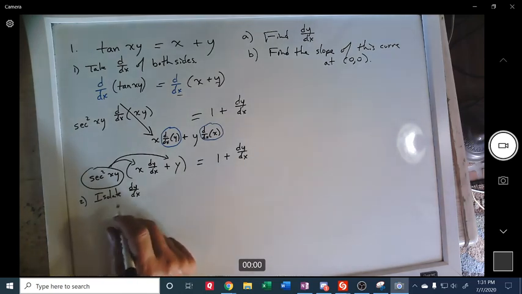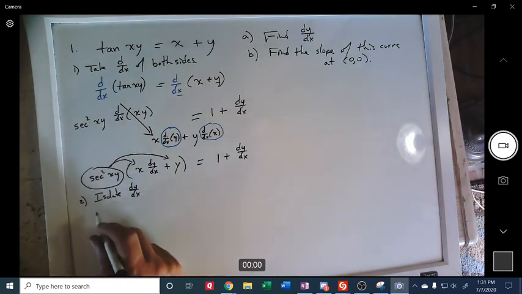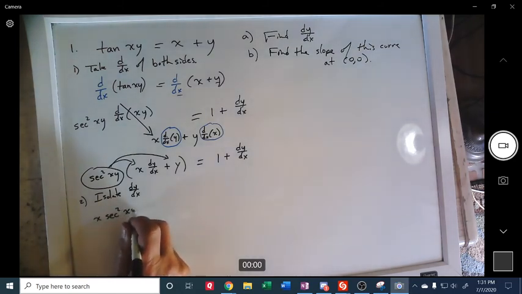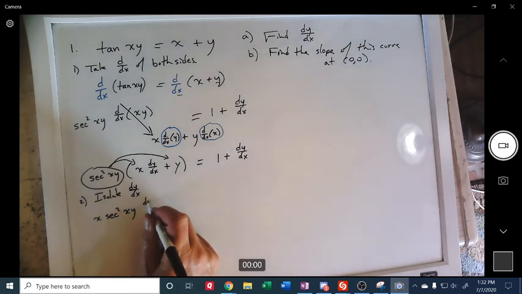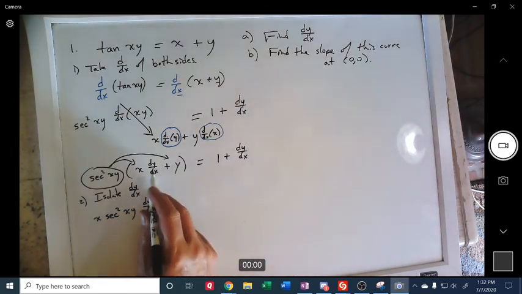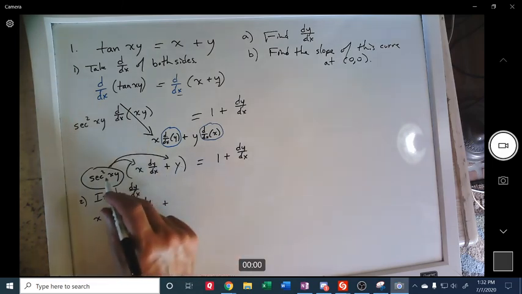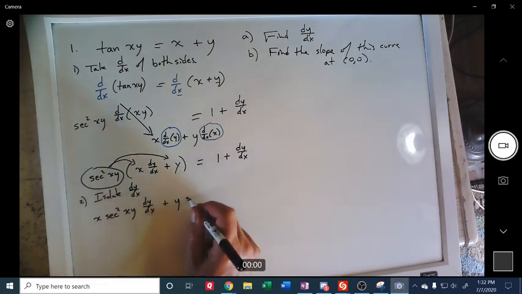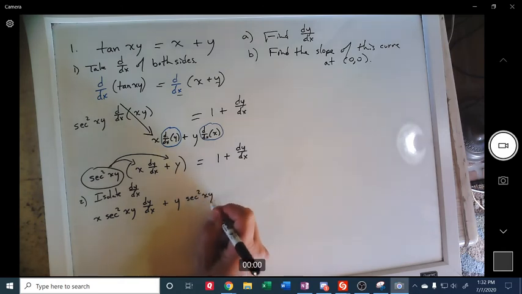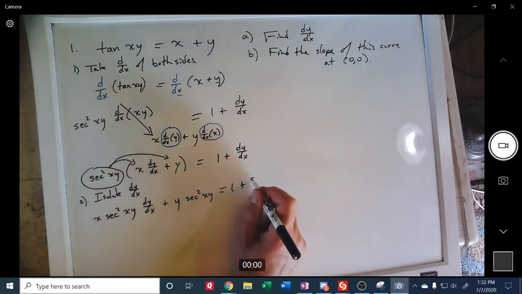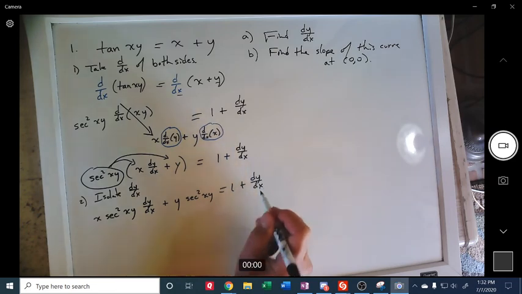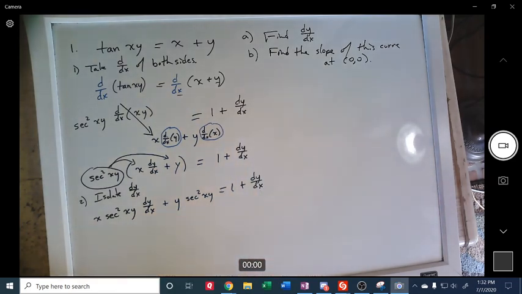So I'm going to get, and I'm going to put the simplest thing up front, x secant squared xy dy/dx. I'll put the dy/dx at the back end. Plus the simplest part up front, y secant squared xy is 1 plus dy/dx.